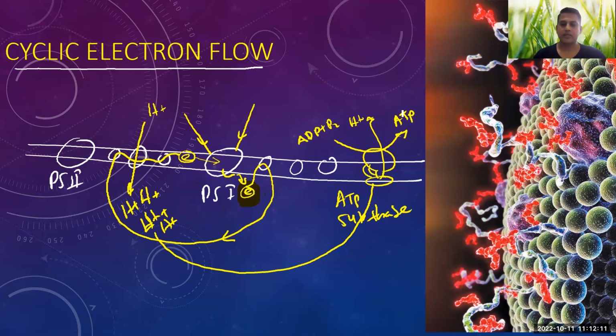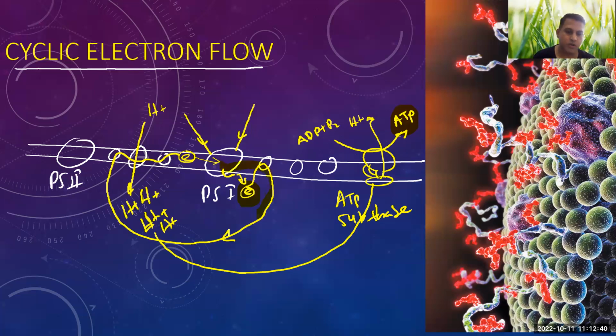Only one product, only ATP is produced. Cyclic electron flow produces only ATP. There's no oxygen, no water splitting, no photolysis, no NADPH. So it can produce only ATP, and you can see here the cyclic process.